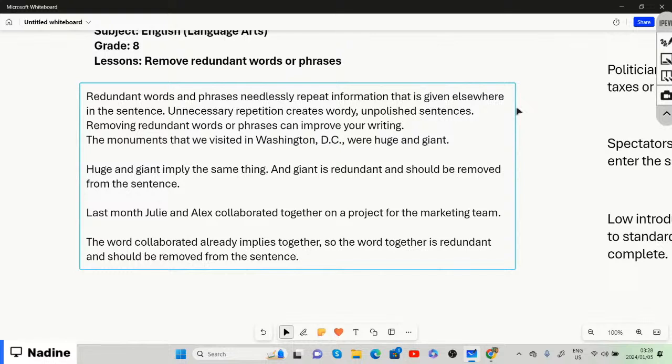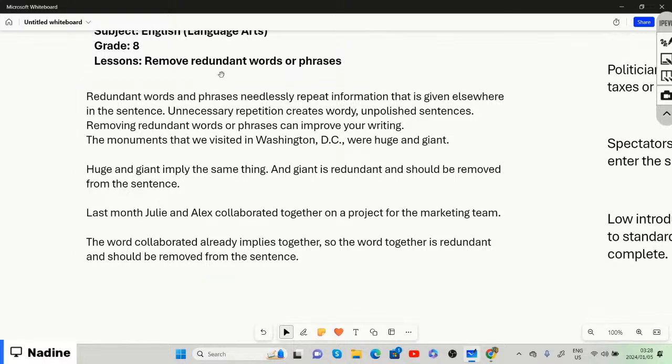They just create wordy, unpolished, lengthy sentences. That is why the lesson says remove redundant words or phrases. And once we remove them, it can improve your writing.